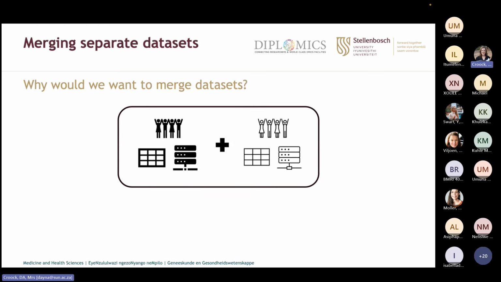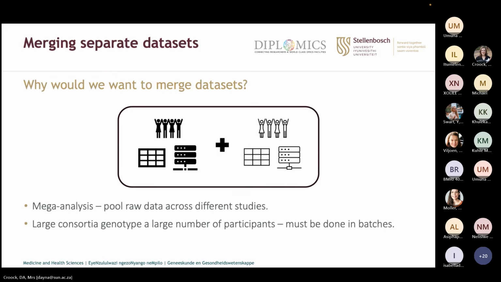And then also a very simple answer: if you just have separate data sets and you want to combine them to make a bigger data set, that's something called a mega analysis. We will want to pool raw data across different studies. Let's say you are a large consortium, or a very big project with lots of money, and you want to genotype millions of different people across the world. You're not going to do this all at one center.